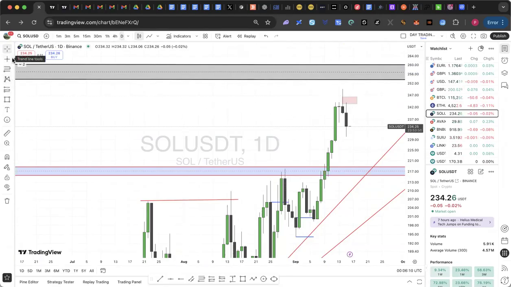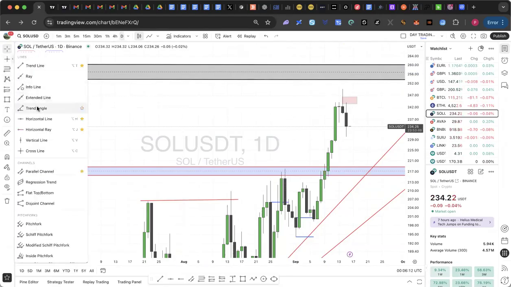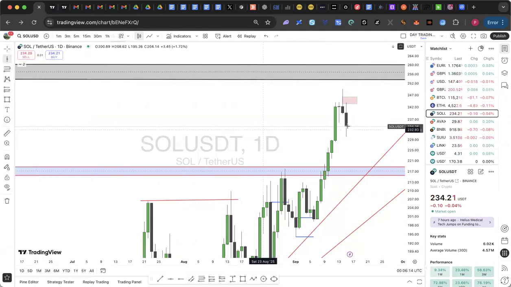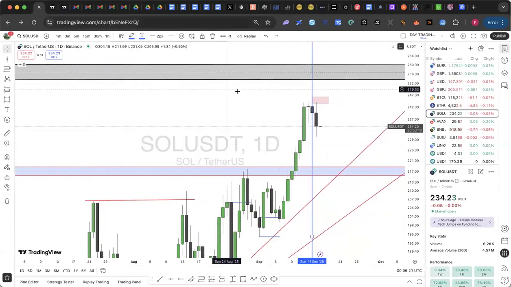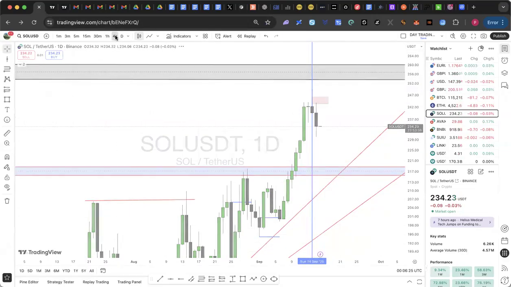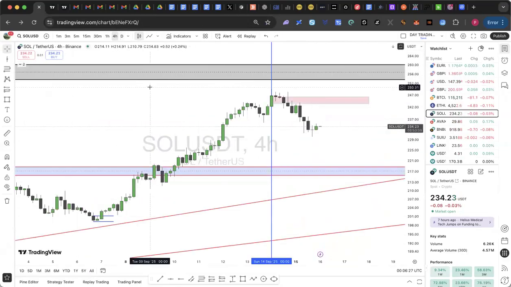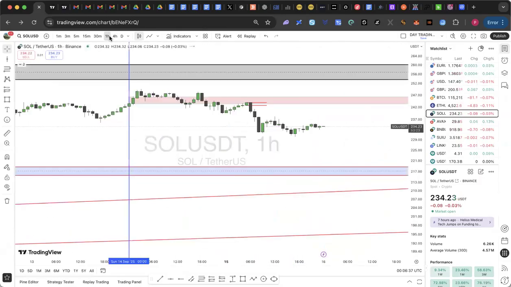You don't have to mark this, and I probably want to go to the 4 hours to see when the market returns back to this point, and I'll be looking for my selling opportunity.